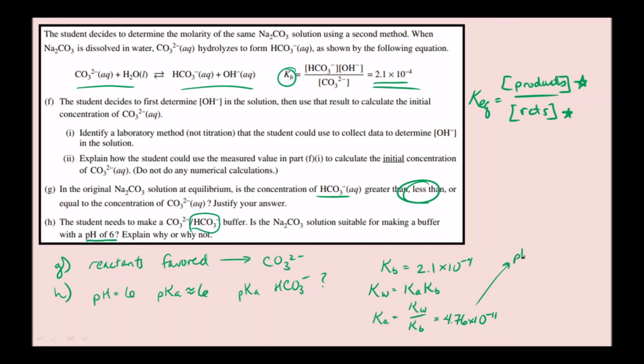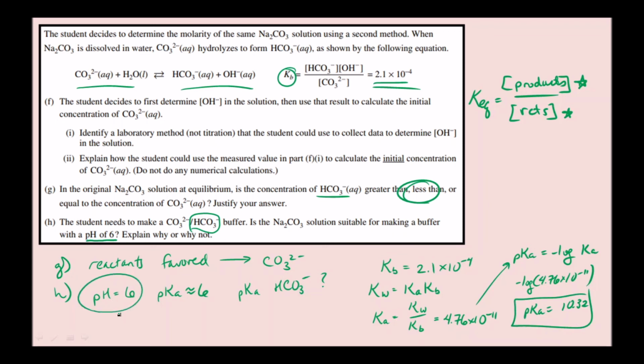We want pKa, which is the negative log base 10 of Ka. So if we take the negative log of 4.76 times 10 to the negative 11, we find that the pKa is equal to 10.32. Is 10.32 close to the desired pH of 6? No, it is not.